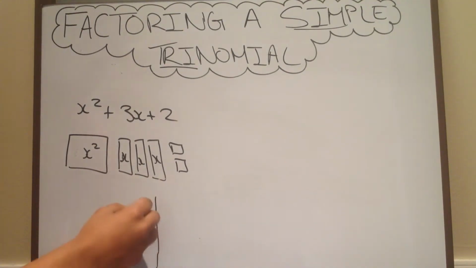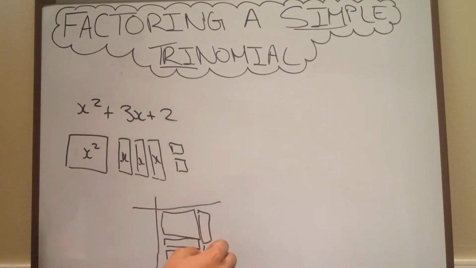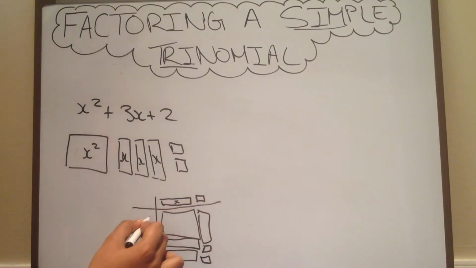So if I were to put it like this, and maybe put the x squared here, and put the 2 x's here, and put 1 x here, and then I have 2 left over, you could see that works out. So then you would say, this is an x, and that's a 1.